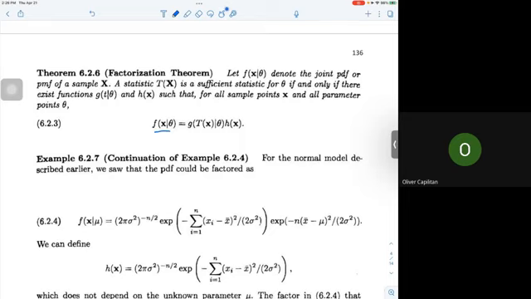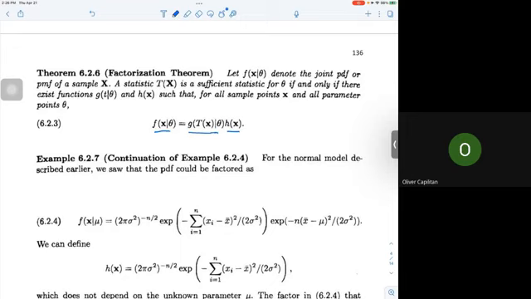The first one is just a function of the sample, while the other one is a function of our statistic T of X given our parameter theta.